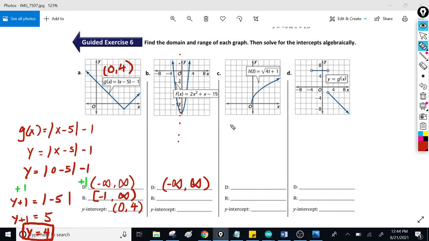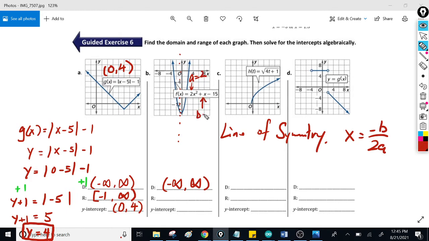So you can use the line of symmetry to help you find it. All right, so the A is 2, and then B is 1.